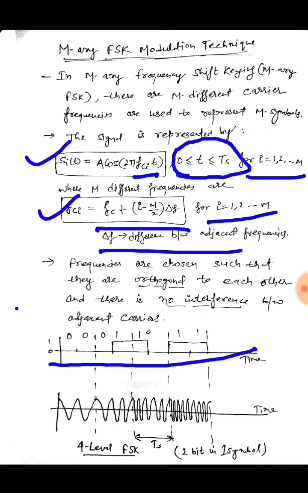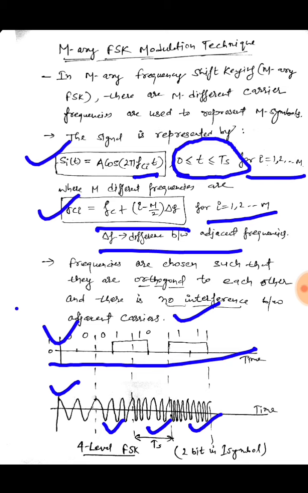So if this is our bit stream, which we can see is 0 0 0 1 1 0 and 1 1, we will use a combination of bits to represent our frequencies. This is an example of 4 level FSK, in which the first frequency is used for 0 0, then we have a second frequency for 0 1, then a frequency for 1 0, and a different frequency for the symbol 1 1.